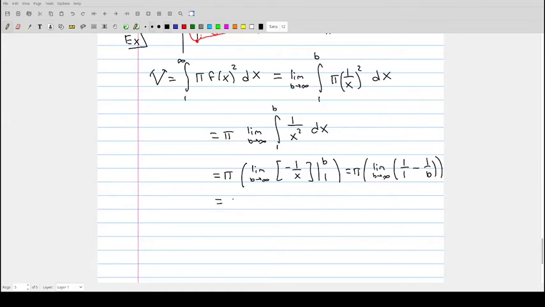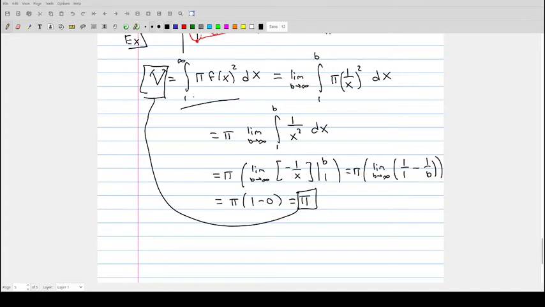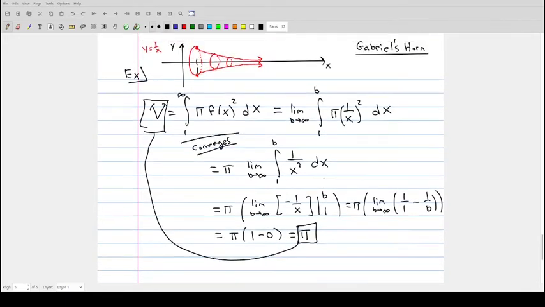So this limit is equal to pi times 1 minus 0, which is just equal to pi. So this improper integral converges and exactly tells us that the volume that's trapped inside this surface of revolution, inside Gabriel's horn, is equal to pi.